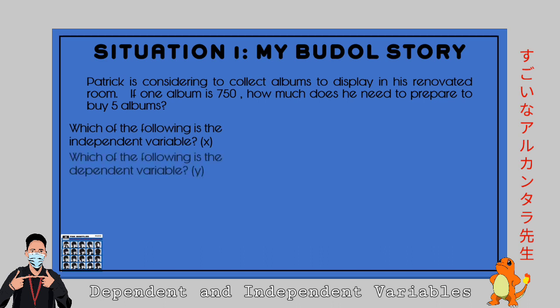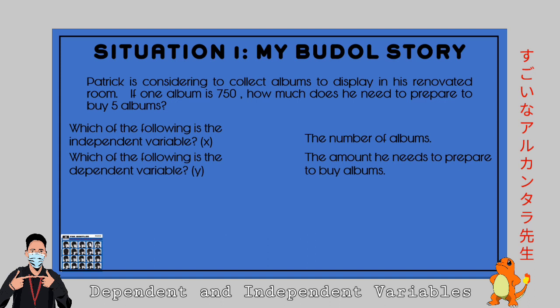So here, the first thing that we have to identify is which is the independent and which one is the dependent variable. So the independent here is the number of albums, and then the dependent is the amount that he needs to prepare. As you can notice on your screens, we are already taking note and jumping right into it so that you guys will get used to it and understand that for the independent variable in mathematics, we use the variable x, and for the dependent variable, we use the variable y.